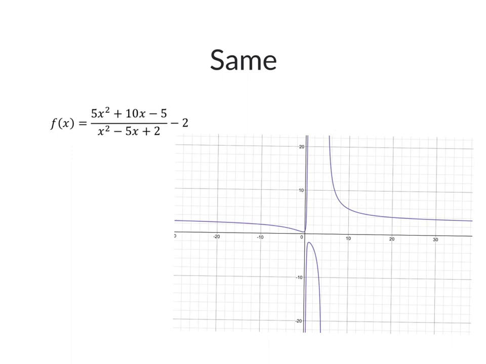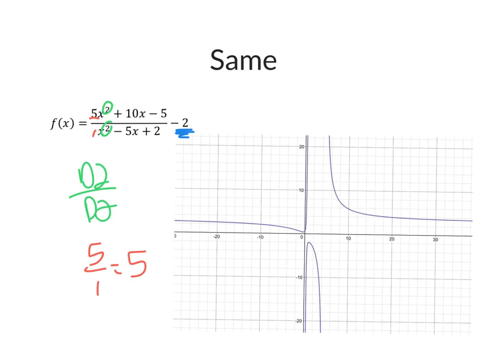Now in this second example, you can see again we're adding a constant. So in this case, we do have a degree 2 on top, again degree 2, and a degree 2 on bottom. So we'll take the leading coefficients, which are 5 and 1, so that's 5.